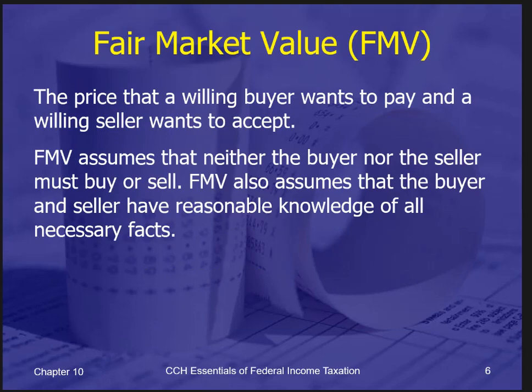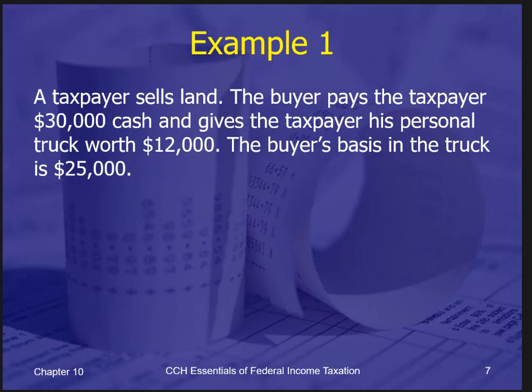So when it's not cash, then we have a little harder challenge, and that is looking at the fair market value of what you receive. That is defined in the tax law as basically an arm's length transaction, what it was really worth, assuming that both buyer and seller have reasonable knowledge. So we're selling land.